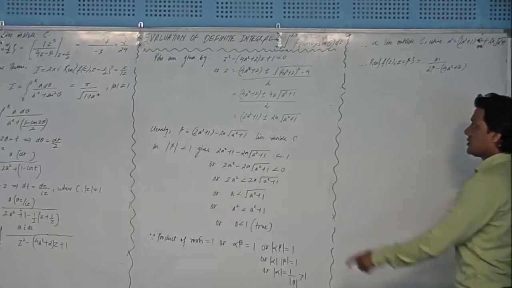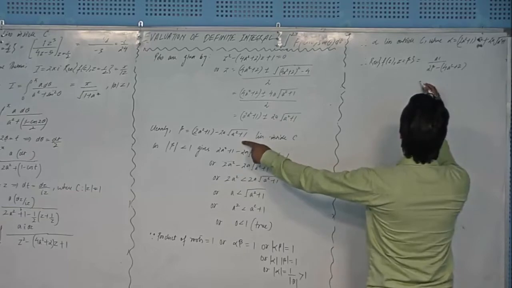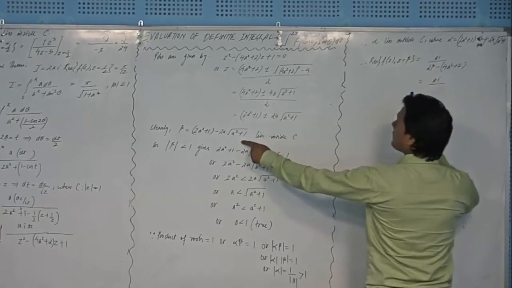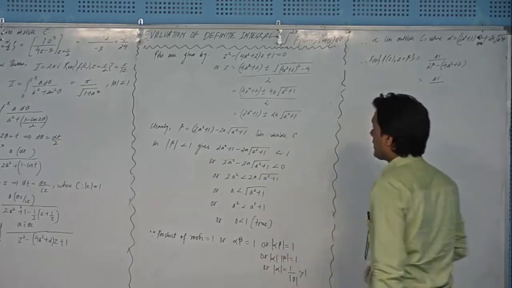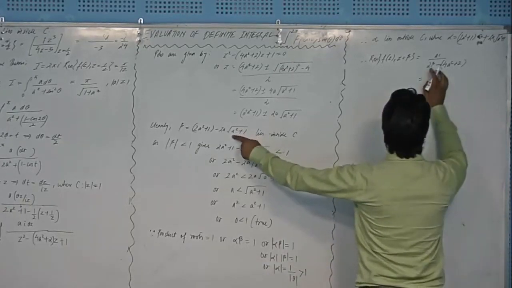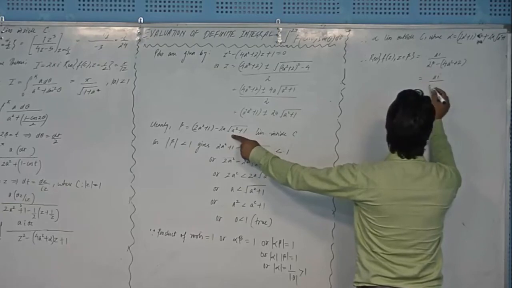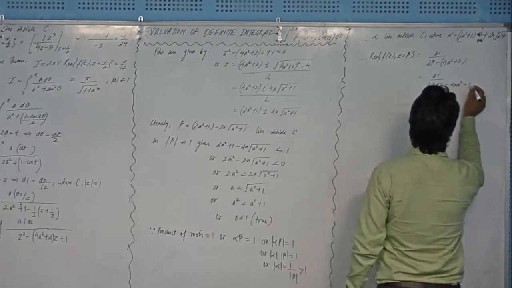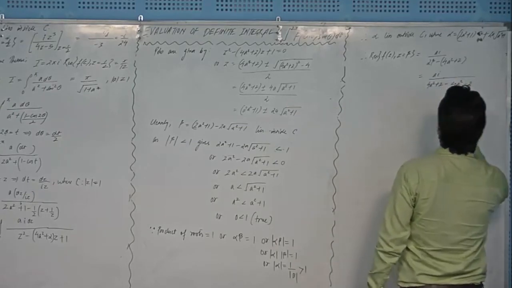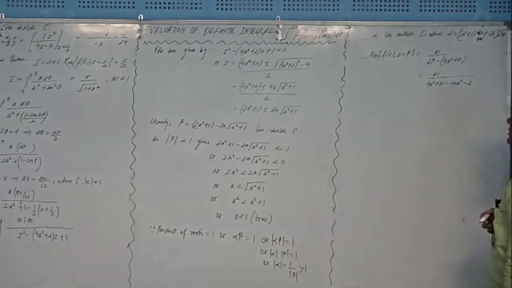This is the value of beta. You plug it here, a iota over, I am not missing any sign. If I plug beta here, then twice of beta will be 4a² + 2 minus 4a² minus 2. Something is wrong, so everything is getting cancelled, that is not correct.